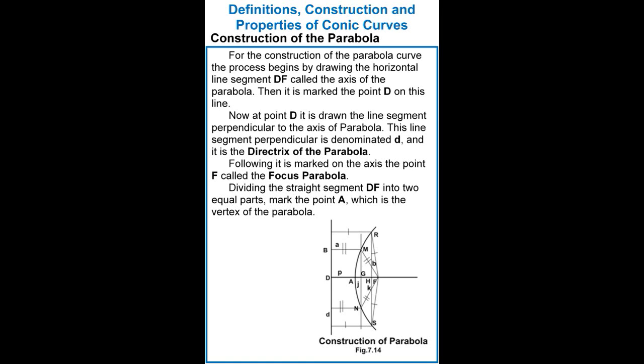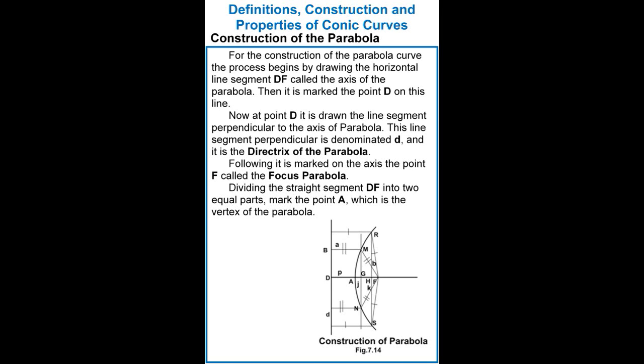Next, the point D is marked on this line DF. Now, at the point D, draw a segment of a line perpendicular to the axis of the parabola. This segment of perpendicular line is called the directrix of the parabola and is designated by lowercase d.